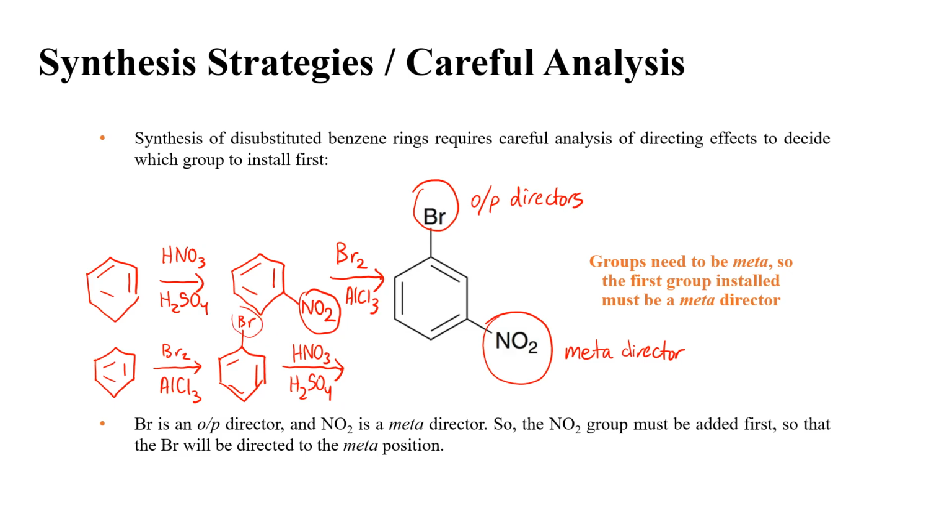Well, Br is an ortho para director, right? So it's going to go para. We just said that usually if you're debating about ortho and para, it's going to go para. So the NO2 group is going to go para. This is not this, right? Those are not the same. So the order in which you add the reagents to make something really matters in this case, right?